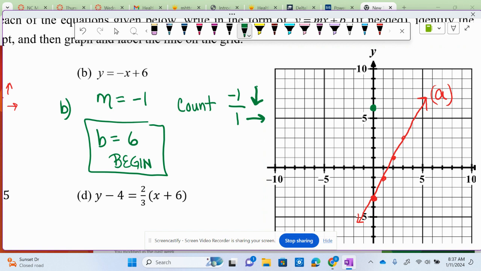So I start at 6, and from there I go down 1 to the right 1. And I'm just going to repeat that pattern. Down 1 to the right 1, down 1 to the right 1. I'm going to give myself some points, draw that line, and label that as line B.